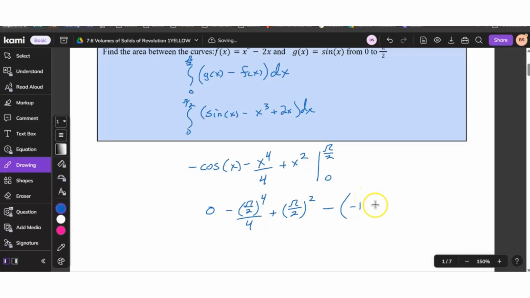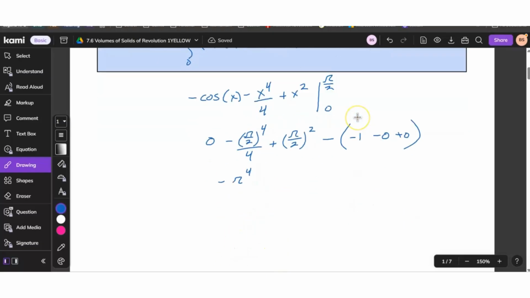And then the rest of it's just going to be minus 0 plus 0. I'm still going to have to put that in my calculator, because that's kind of gross. What's that going to be? Negative pi to the power of 4 over 2 to the 4, which is 2, 4, 8, 16, times 4, 64, plus pi squared over 2 squared, 4, plus 1.